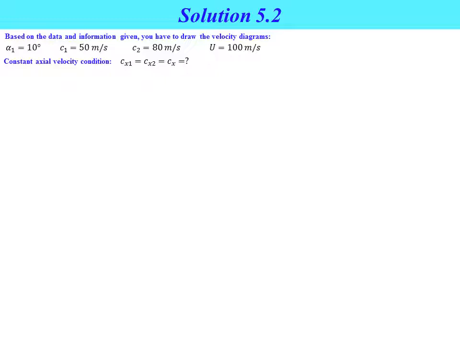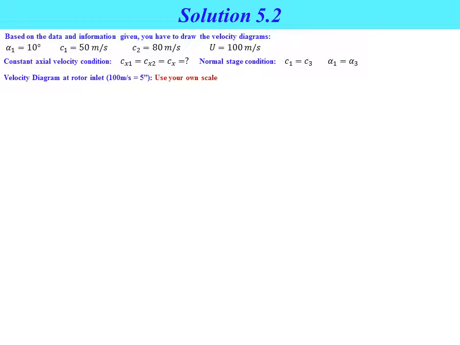The value of Cx is still not known, so we need to determine it during the determination of the velocity vectors for the velocity diagram. And for the normal stage condition, C1 equal to C3, alpha 1 equal to alpha 3.